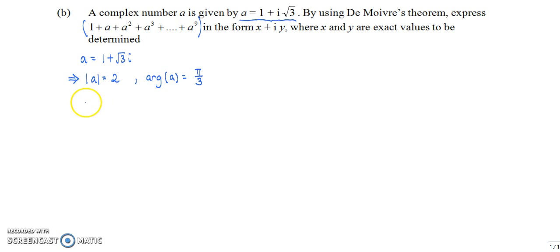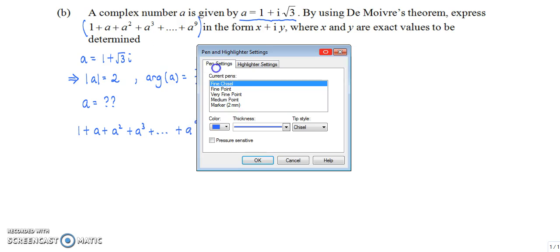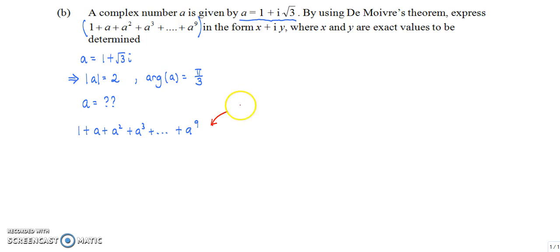With that, we can say that our complex number a can be represented in either trigo form or exponential form. Whichever form a takes depends on how we make sense of this string of values. 1 plus a squared plus a cubed all the way to a to the power of 9 suggests a geometric progression.